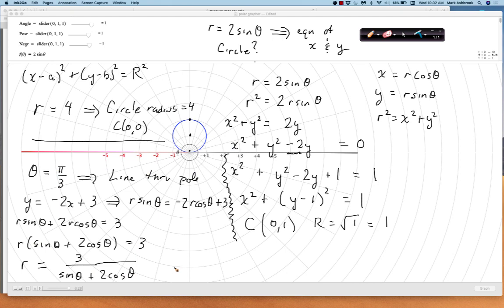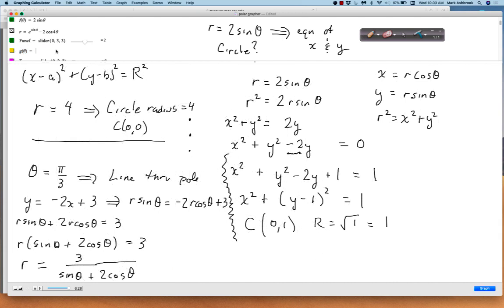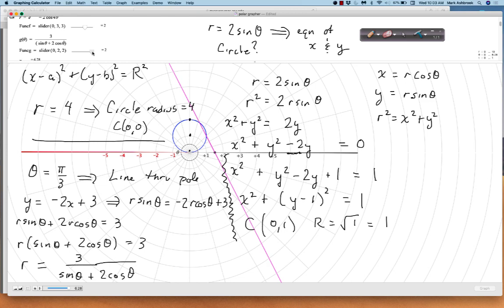And if I put that in, I'll come over here and put it in for G: three divided by sine theta plus 2 cosine theta. And I'm going to graph G. What line is that?